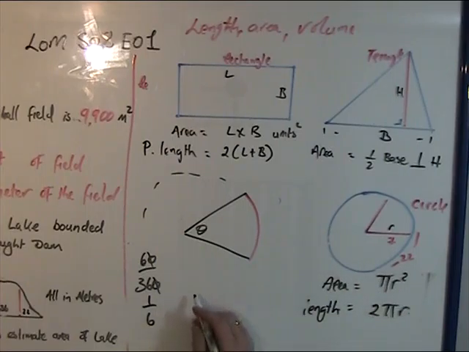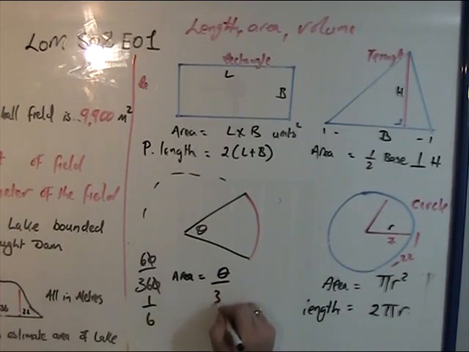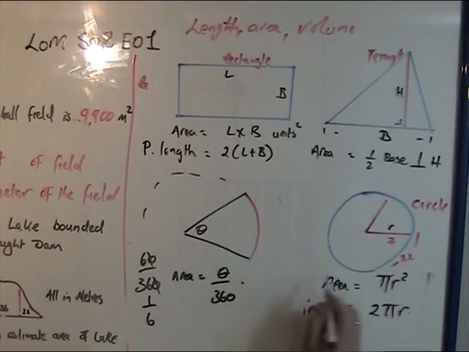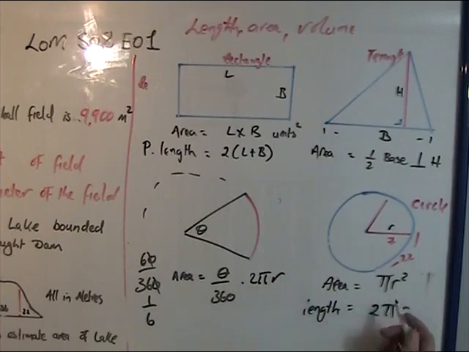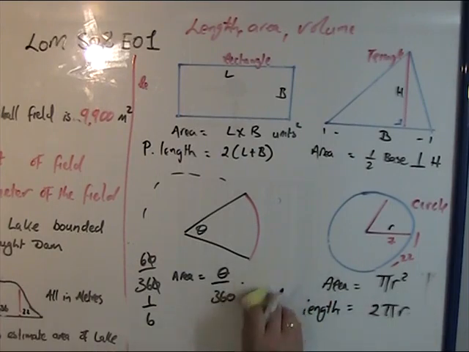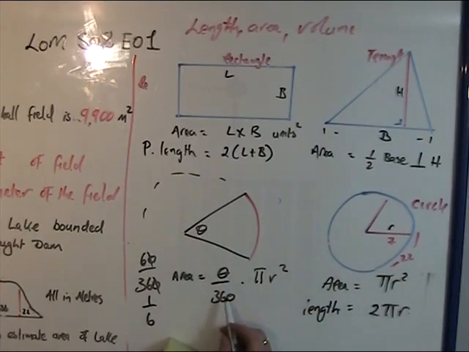By finding that, you can find the area or length of the sector as the angle over 360 times whatever you're looking for, for example the length 2 pi r, or the area. Since it's a part of a circle, you must represent it as a fraction of a circle, and you would figure that out.